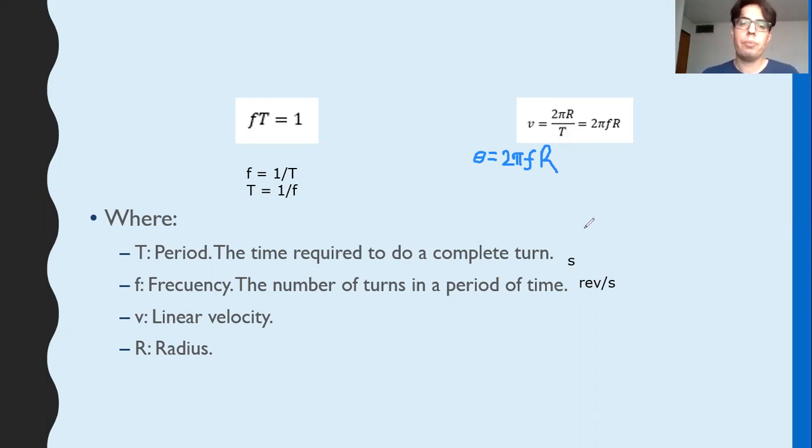So for example, if you want to get angular acceleration or angular velocity, what else is after? Also angular displacement.